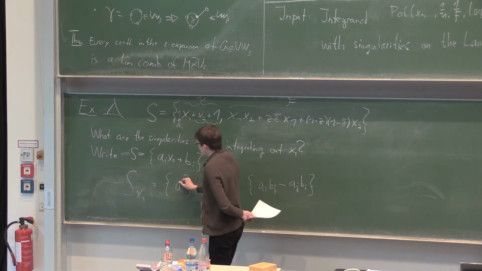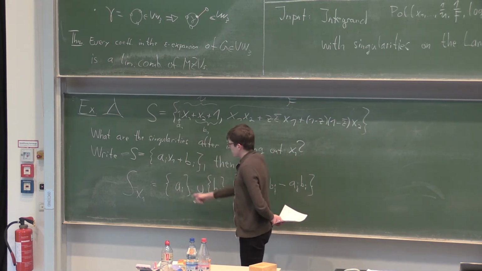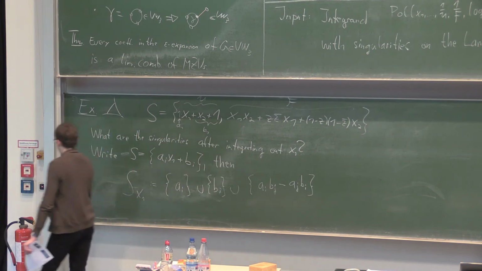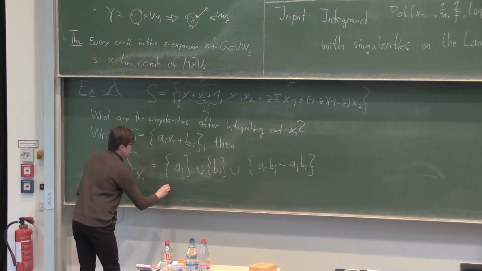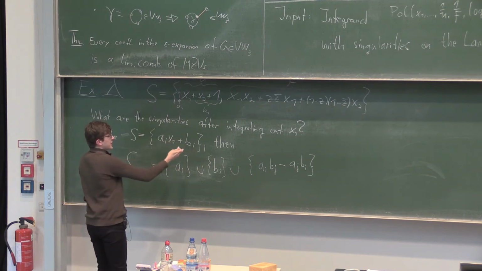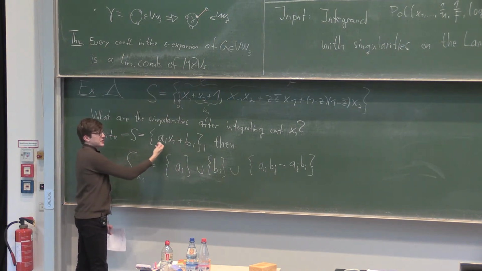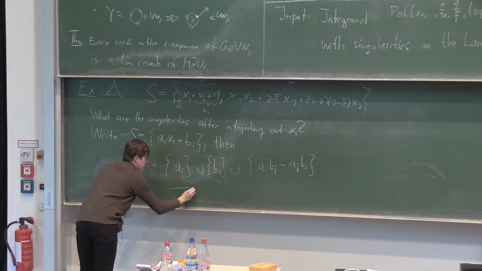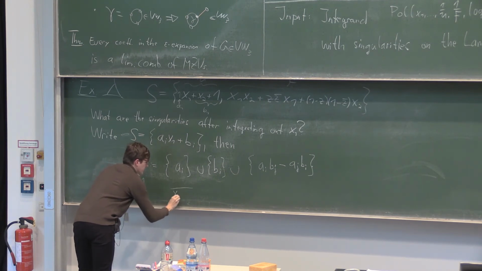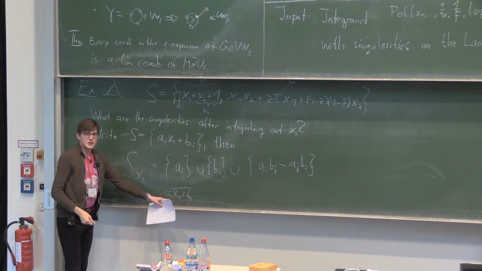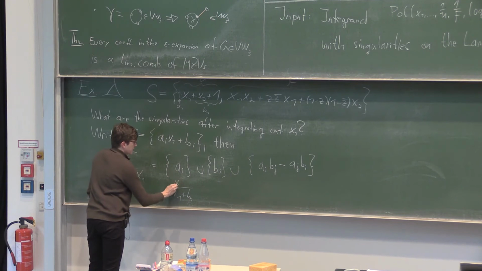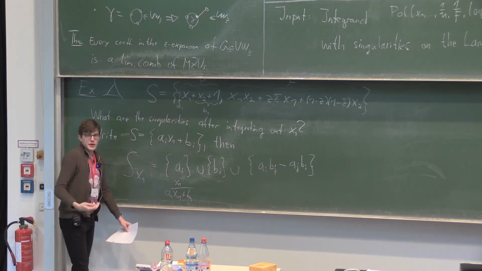Well, if you think of how the integration works, this is pretty clear, right? Because where does ai come from? Suppose your integrand is allowed to have singularities here. It could happen that you're integrating 1 over a1 x1 plus b1, and this is exactly the u polynomial. You could have this, and because you're a polynomial, you could have x1 in the numerator.